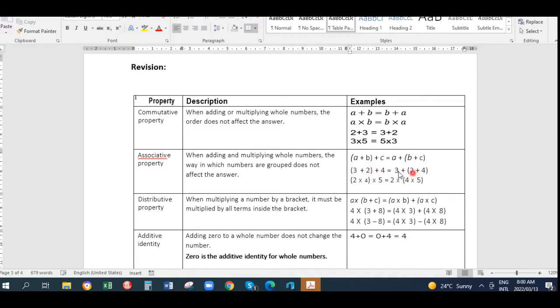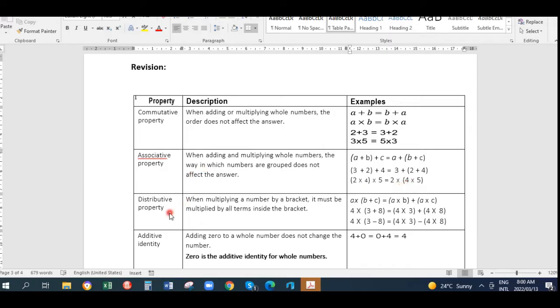And on the right-hand side, 2 plus 4 is 6, and 3 plus 6 will still give me 9. Associative has to do with brackets, so it's the order of the grouping that is not important. You can group any two numbers first.